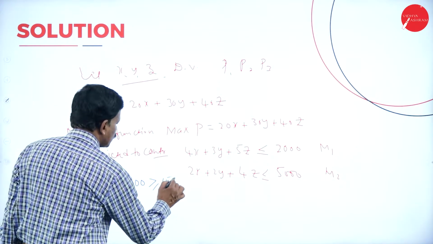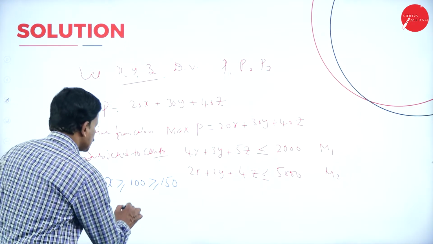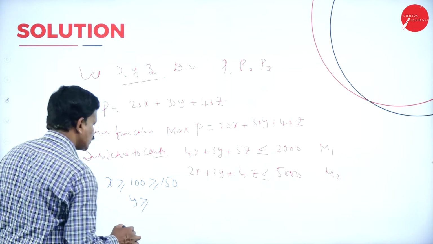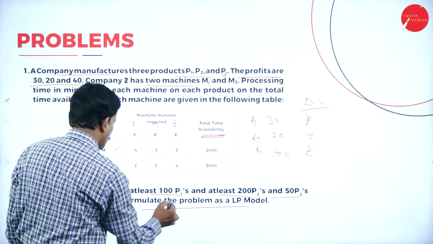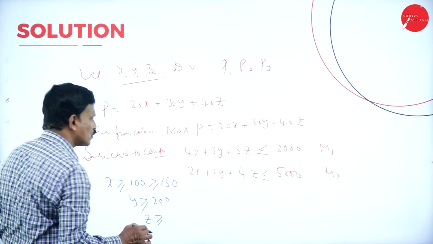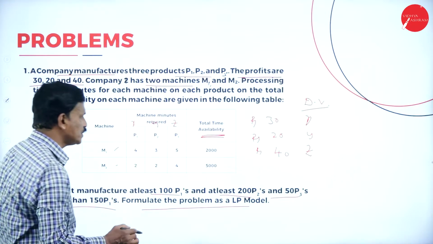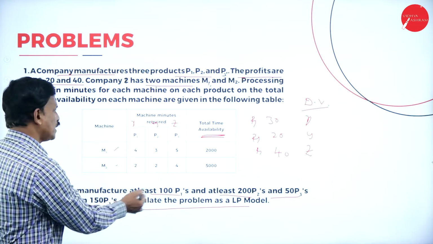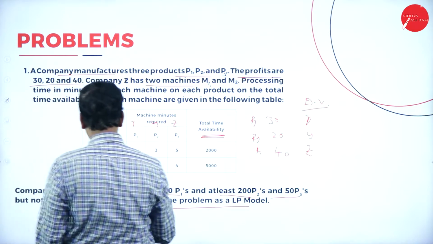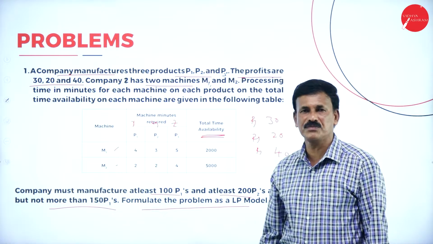Next, what is the condition for y? Y is greater than or equal to 200 for P2, and z is greater than or equal to 50 for the product P3. Further, it is given that not more than 150 P1, that is x less than or equal to 150.